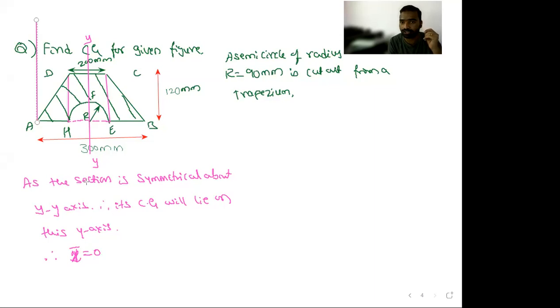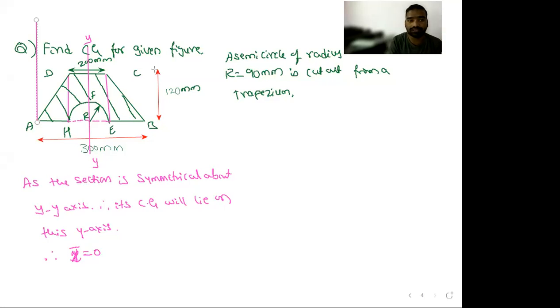You have to concentrate on which word I am telling, whether it is about a centroidal axis, or with respect to the symmetrical axis, or with respect to the reference axis. X bar is equal to 0 from which axis? From the symmetrical axis. Correct?